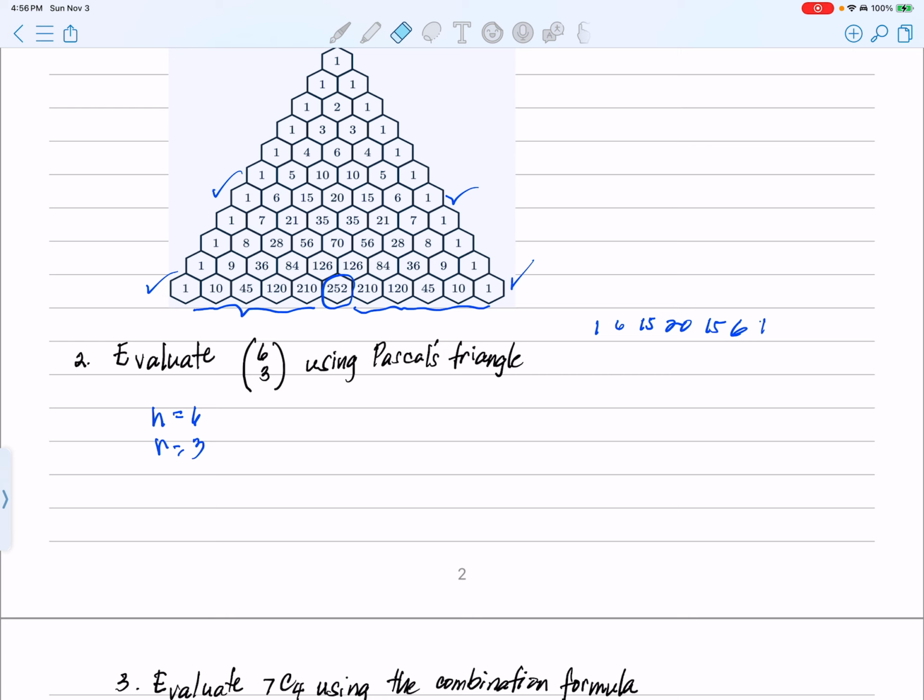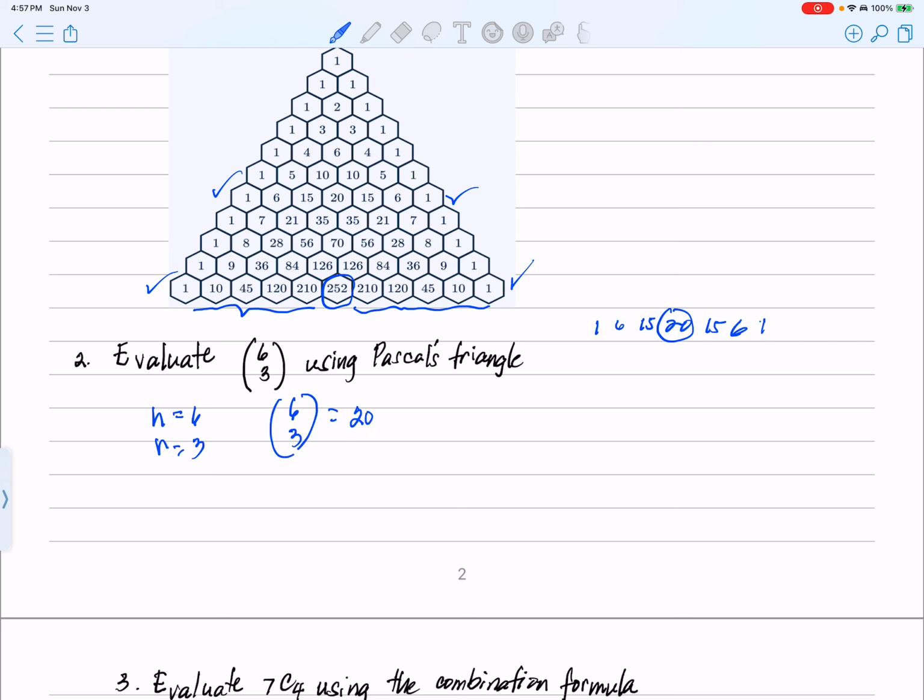So the fourth entry is 20. 6 choose 3 is equal to 20.